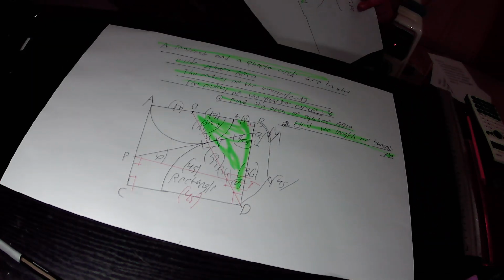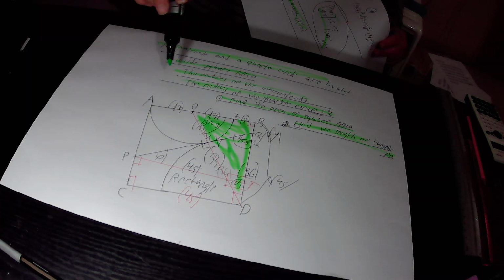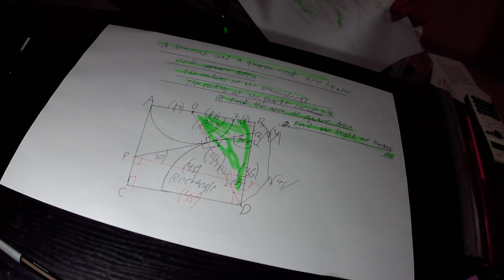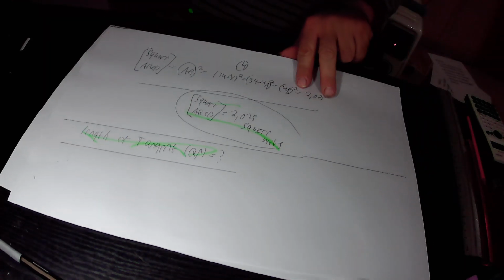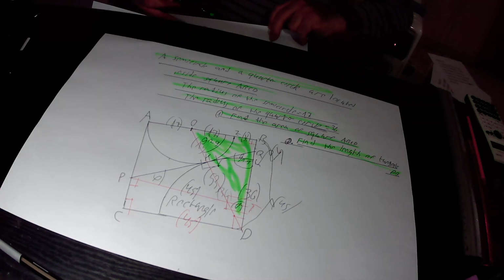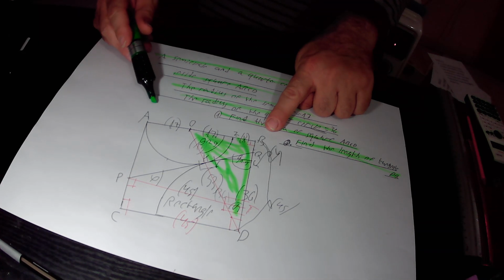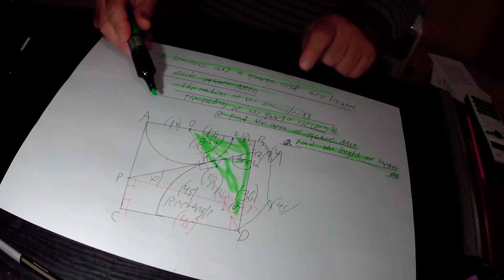Actually, we know that the area of any square equals the length of one side squared. Choose one side of this square ABCD, say AB. So the area of square ABCD must be equal to AB squared. AB in total equals 34 plus x, therefore AB squared must be equal to 34 plus x squared.